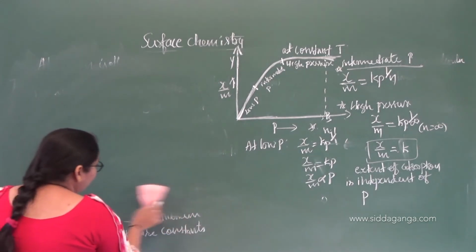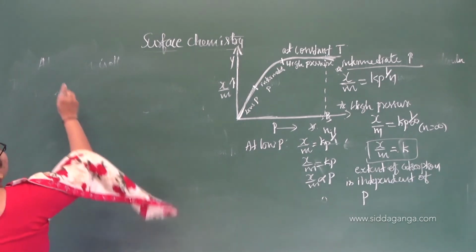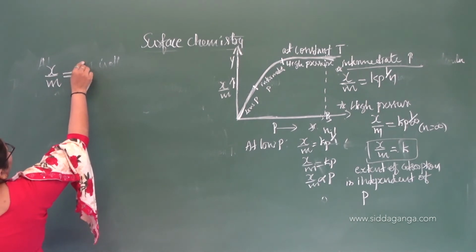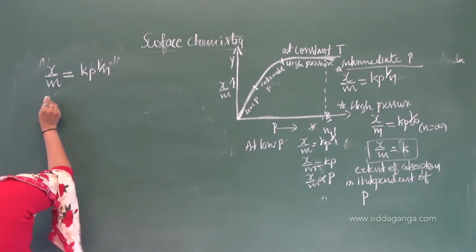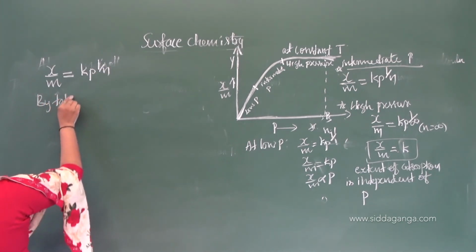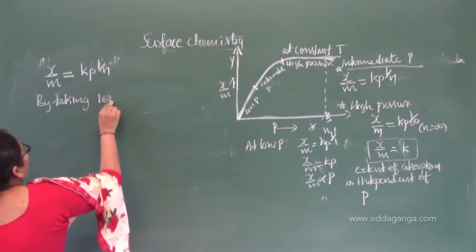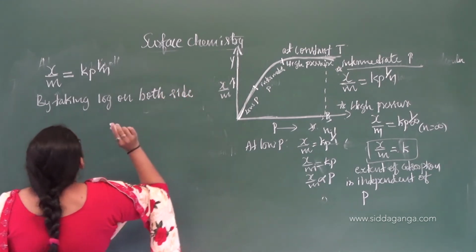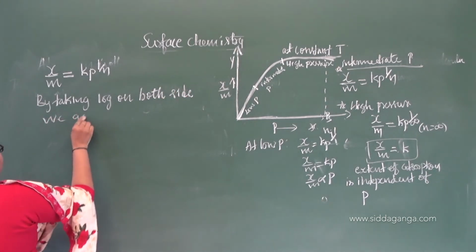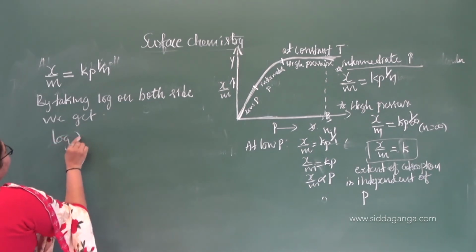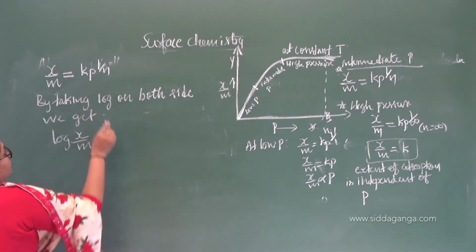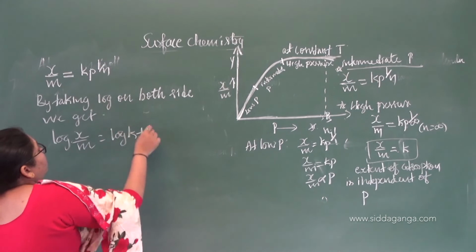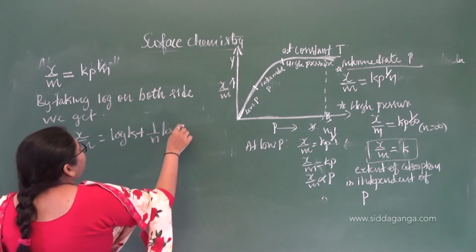If you apply the logarithm to this Freundlich adsorption isotherm, x by m is equal to K p to the power 1 by n, by taking log on both sides, we get log x by m is equal to log k plus 1 by n into log p.